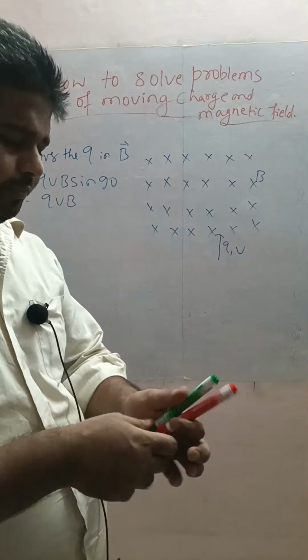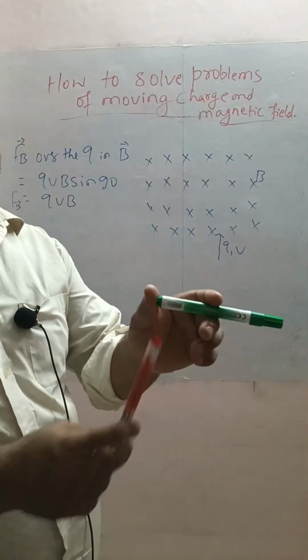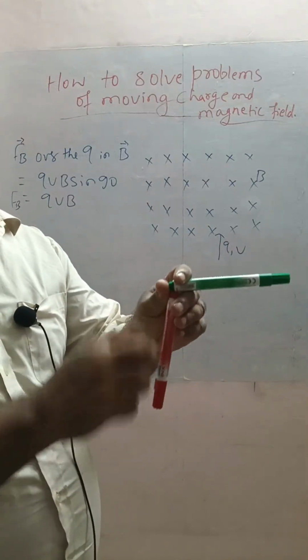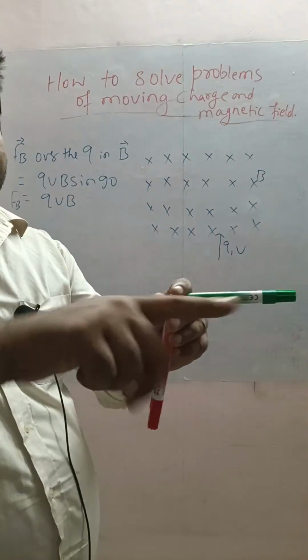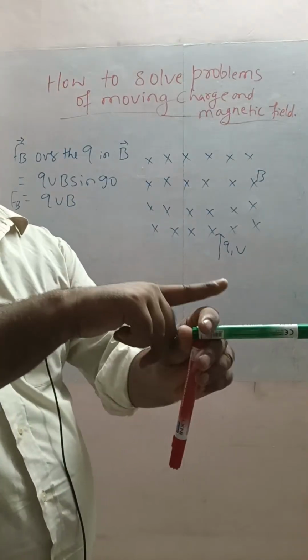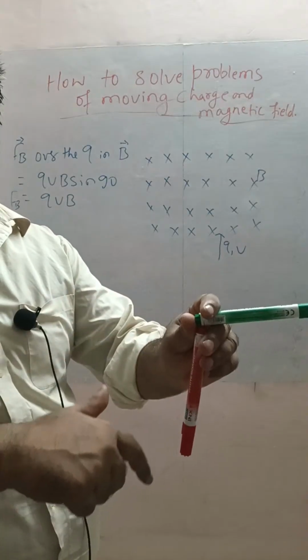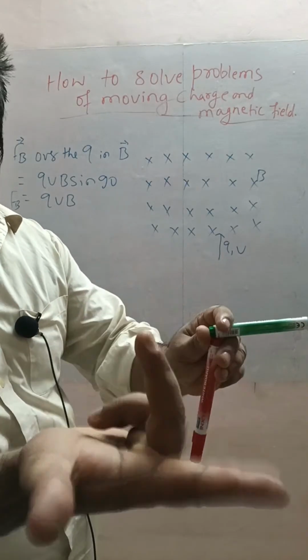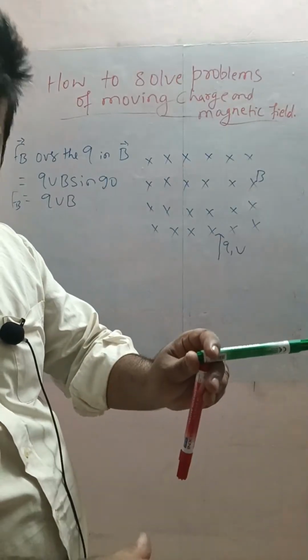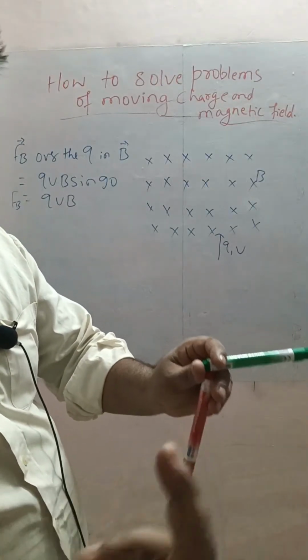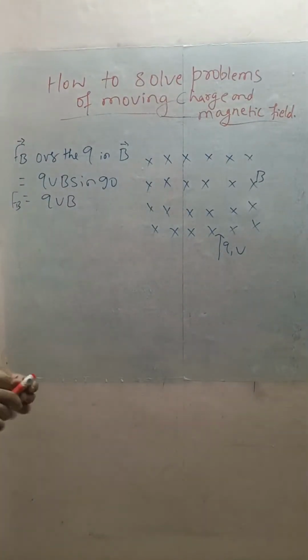If this is the magnetic field and this is the direction of the positive charge, and this positive charge is feeling force in this direction, then if it was a negative charge, it will feel force in this direction. Just find the force for the positive charge and invert it.